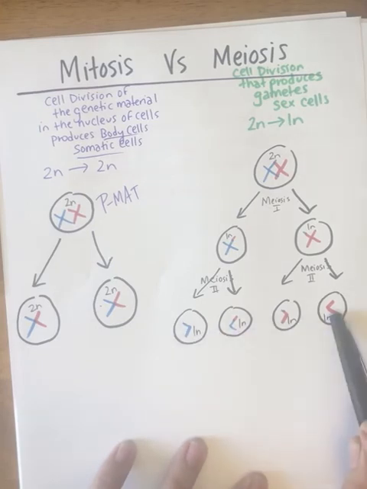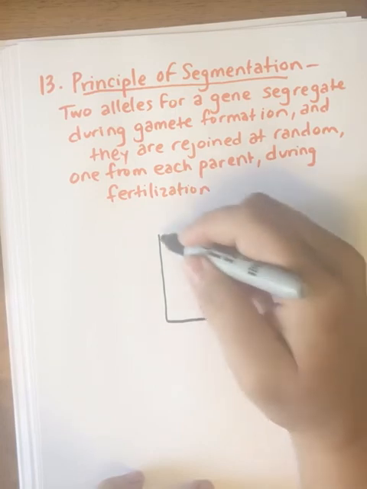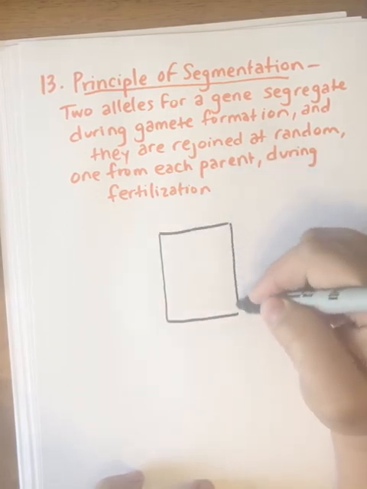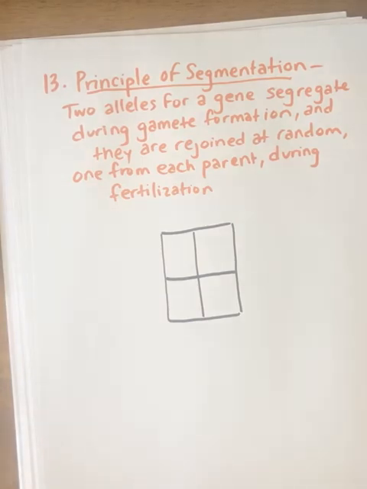So your traits are going to separate. Now, we can use this information by drawing out the Punnett Square, which we've already been drawing. A Punnett Square is basically how you can cross a mom and a dad and show meiosis.